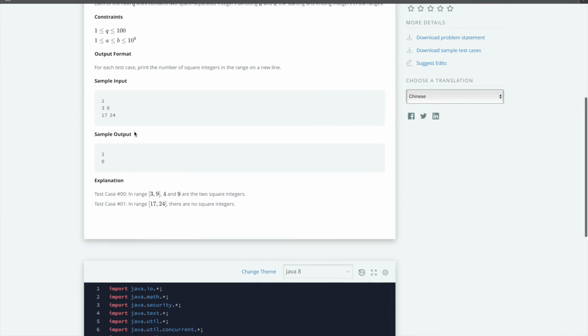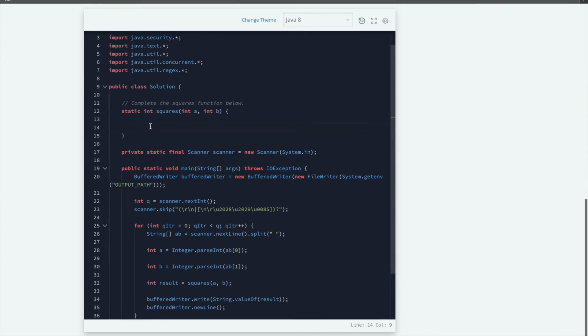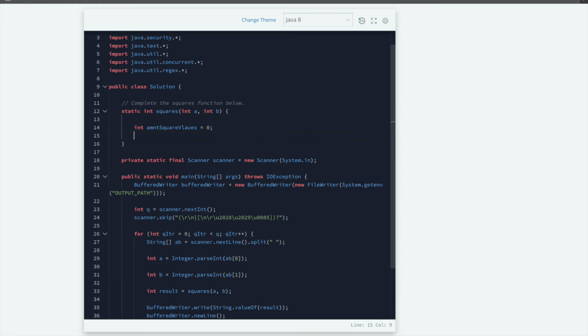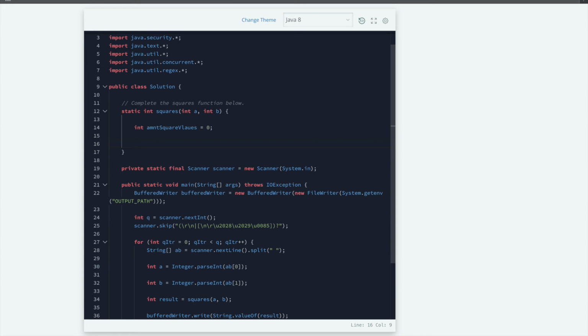So now to implement this in code, remember we want to first save the amount of square values there may be, and we will assume there are none, so we set it to 0. Then we want to create a start, which would be the square root of our original start, because we don't want to go over the whole interval.